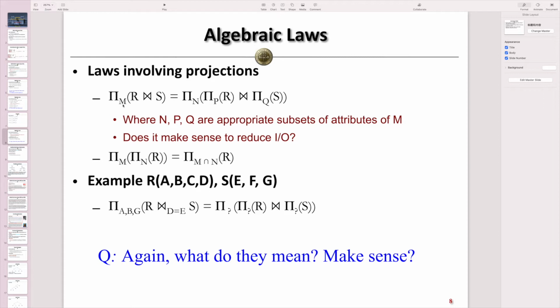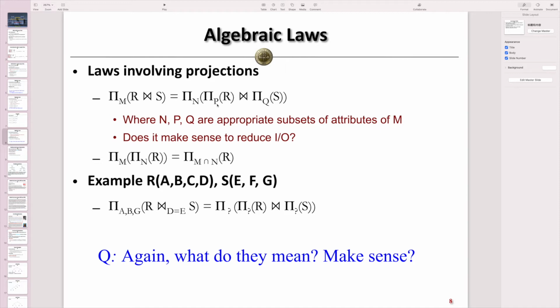We are working on two relations, R and S, and we join them together prior to the projection. This operation is equivalent to what? It is equivalent to the projection of some attributes N, where N denotes a subset of attributes, and inside it we have two other projection operators.